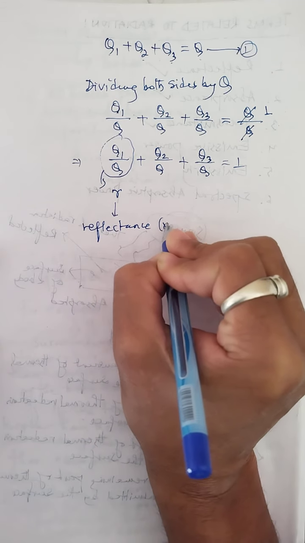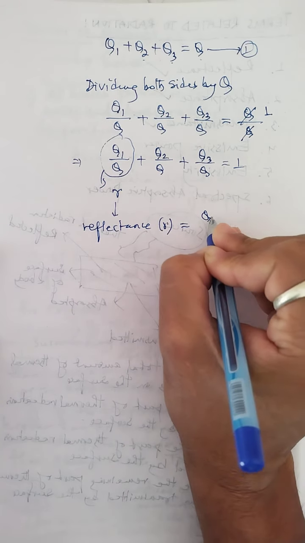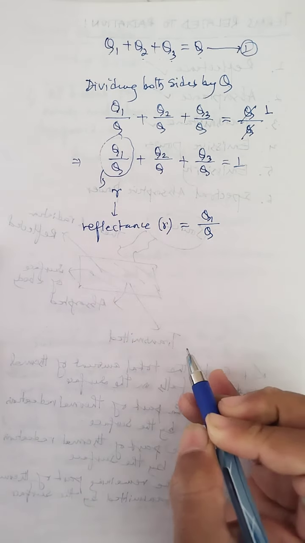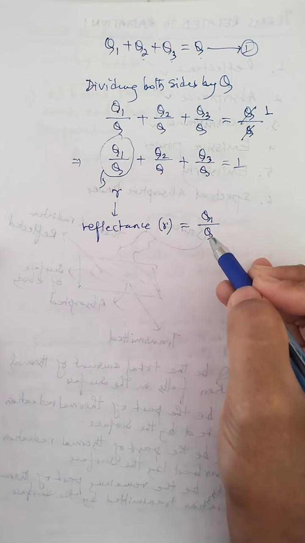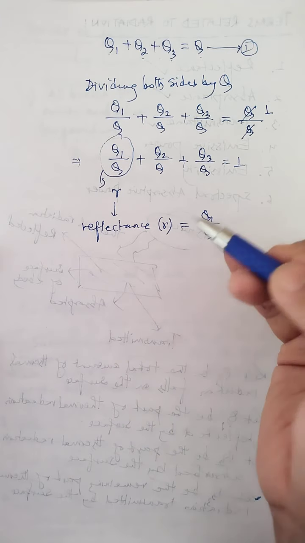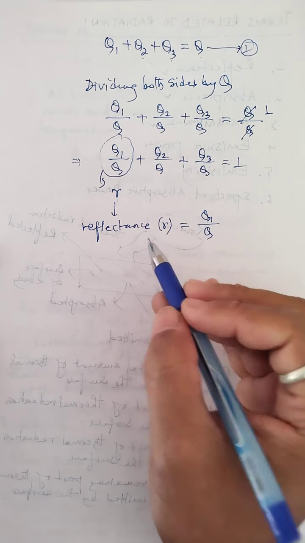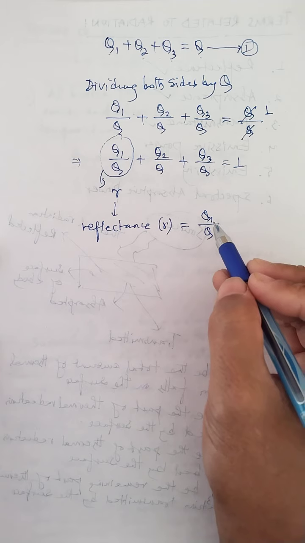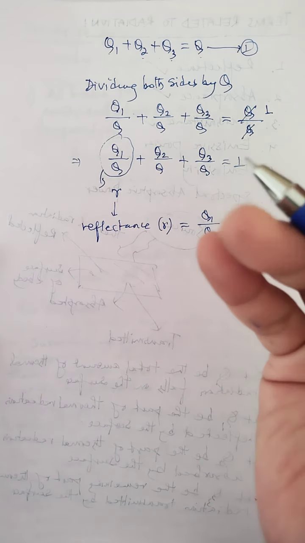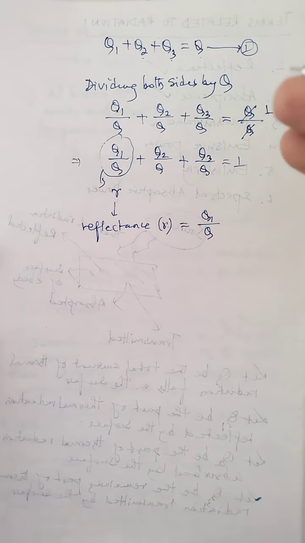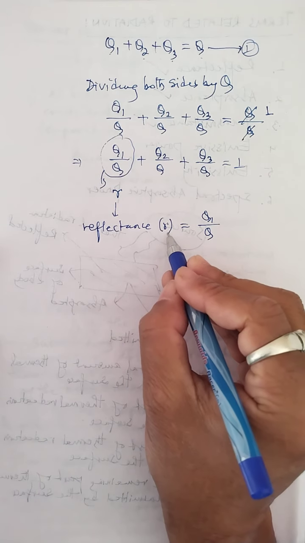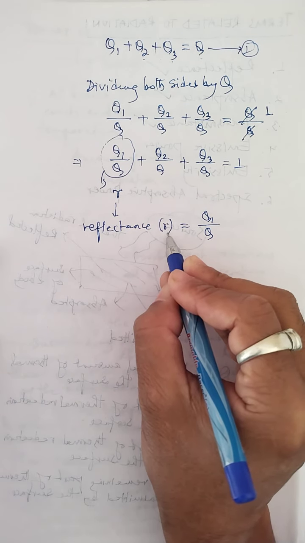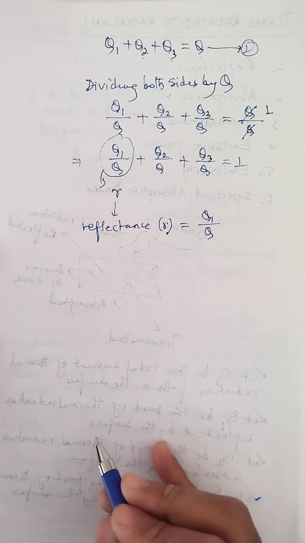So children, reflectance is nothing but the ratio of Q1 by Q: the part of the total thermal radiation falling on the surface which is reflected by the surface. That ratio is given by the factor called R, and this R is called reflectance.